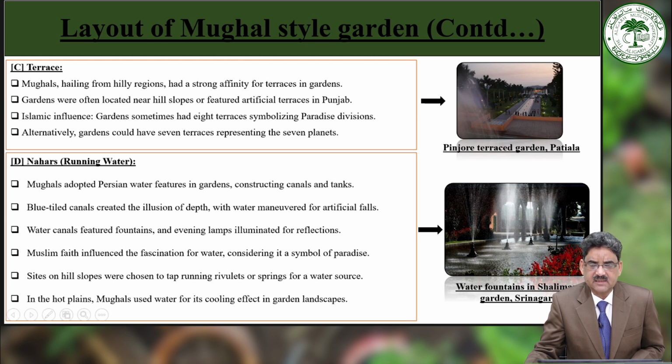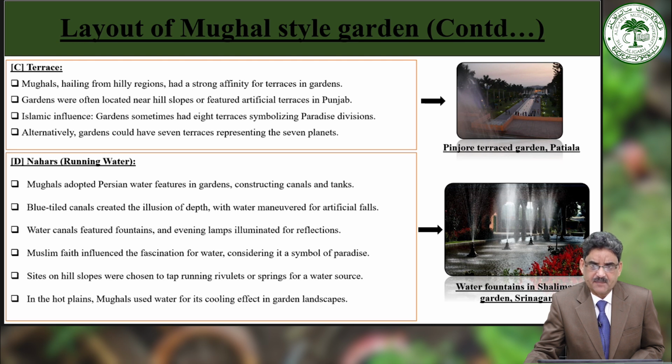Concerning terraces, the Mughals, originating from hilly regions, had a pronounced fondness for incorporating terraces into their gardens. These gardens were frequently situated near hill slopes or included artificial terraces in Punjab.